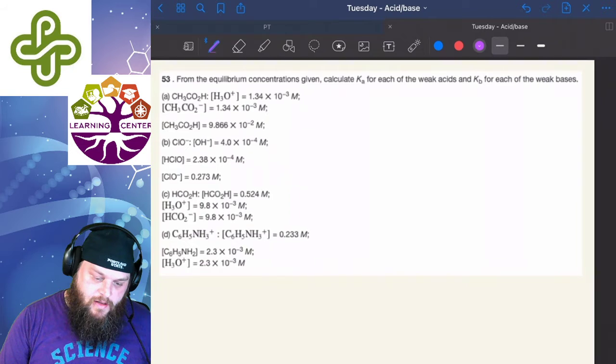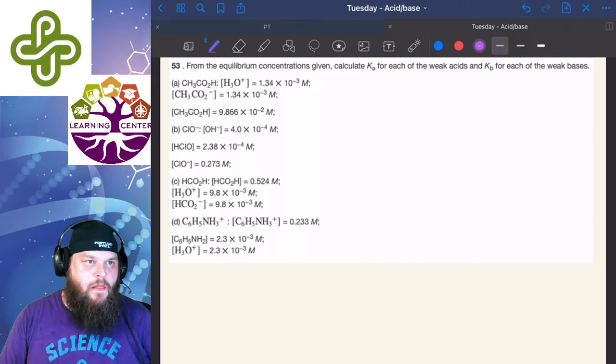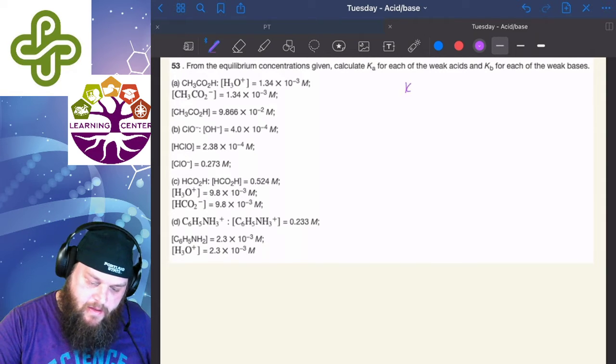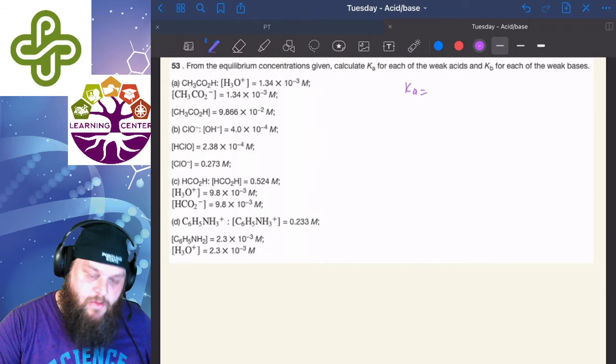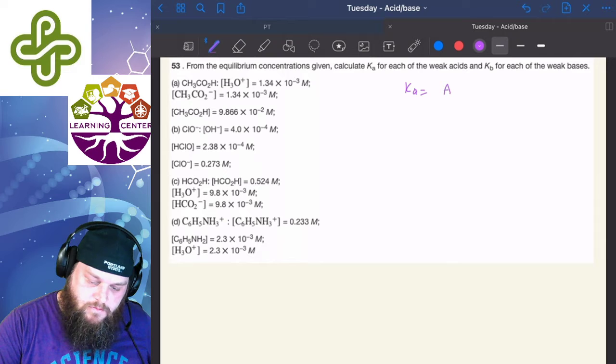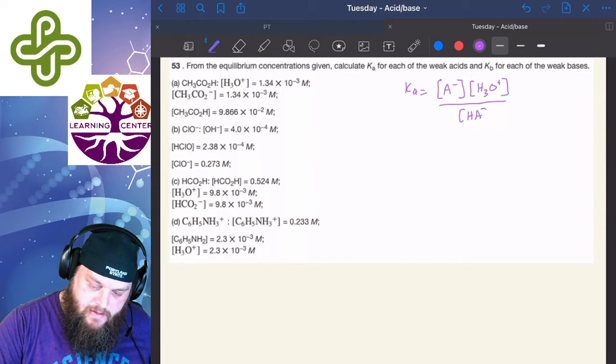Let's move on to 53. For 53, we are going to utilize that Ka, Kb equation, where I'm going to say the concentration of the base times my hydronium concentration divided by the concentration of the acid.